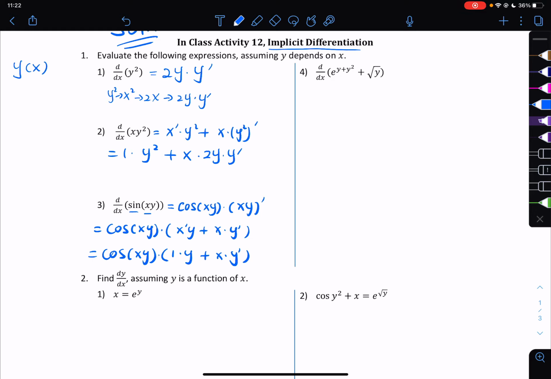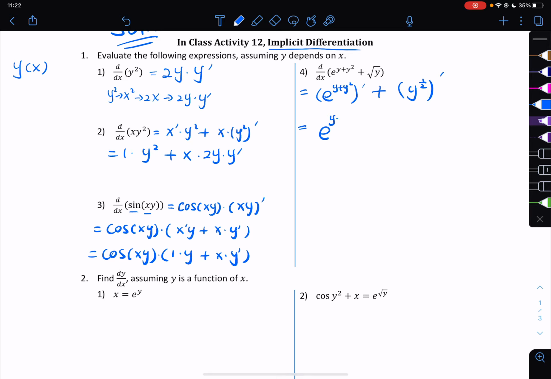Okay, so the next problem, along the same line of thinking, you want to take the derivative. That's two parts added together. So you have the derivative of e to the y plus y squared, plus the derivative of y to the power of 1/2. You first imagine this function as something that's depending on x, so you take the derivative of that. Well, technically this is a chain rule, so you take the derivative.